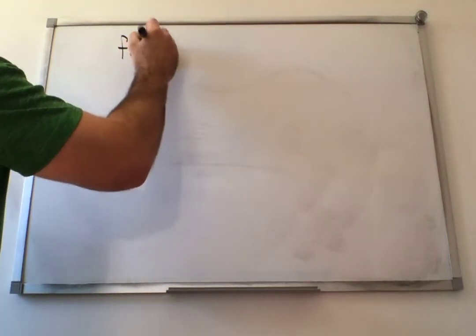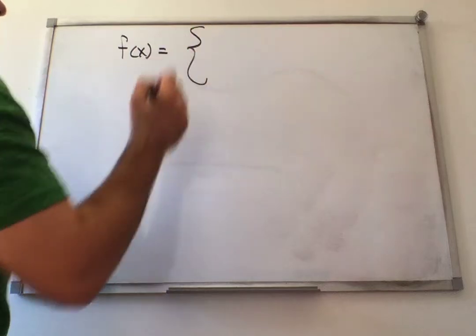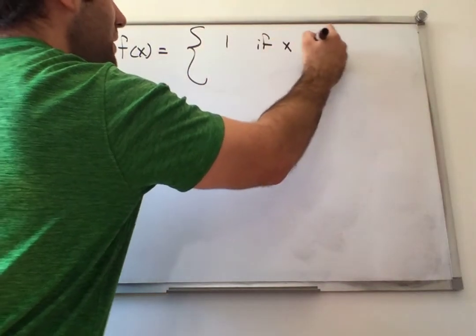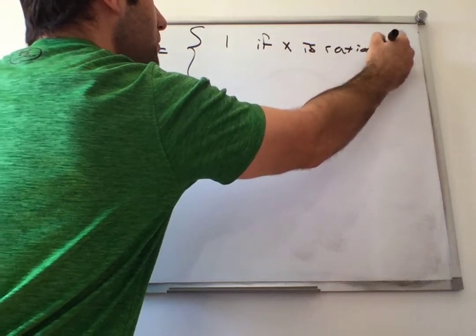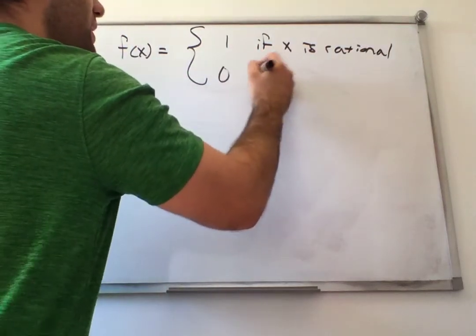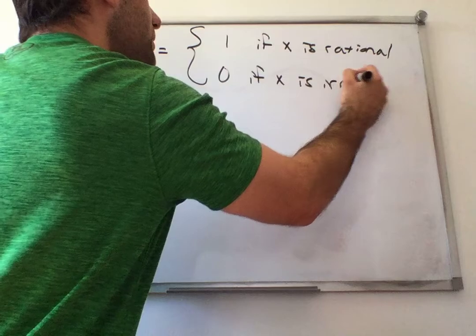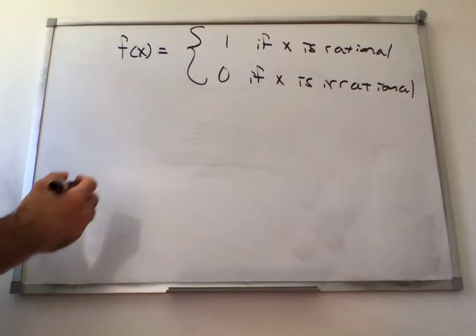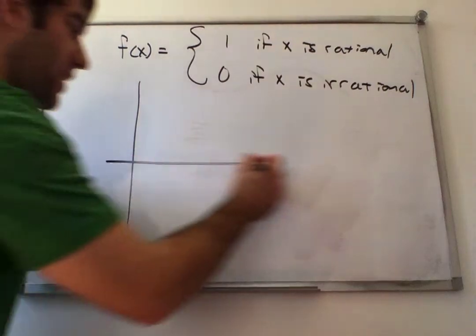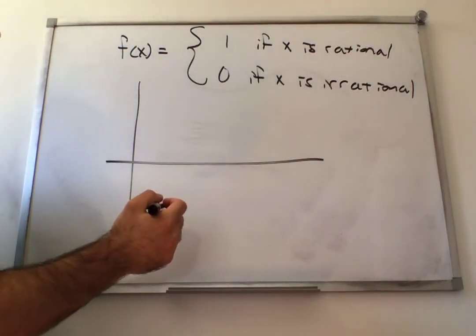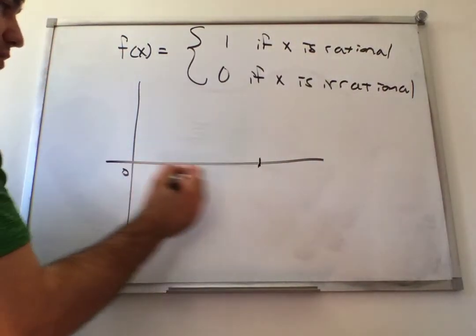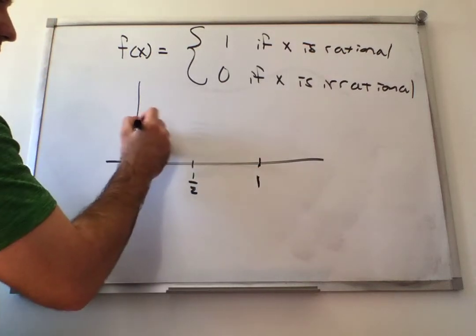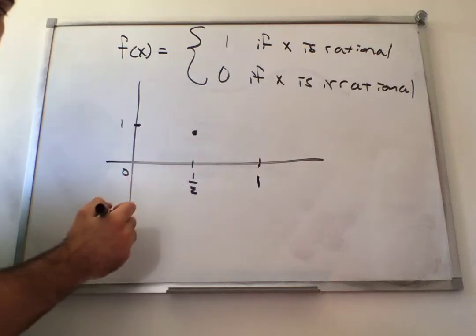It's f of x is equal to 1 if x is rational, 0 if x is irrational. So what this looks like, if this was 0 to 1, at 1/2, I'd be at 1, there'd be a dot.